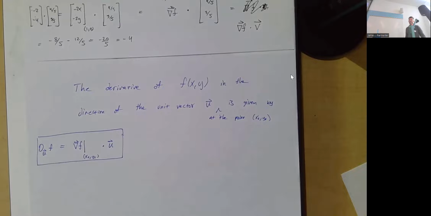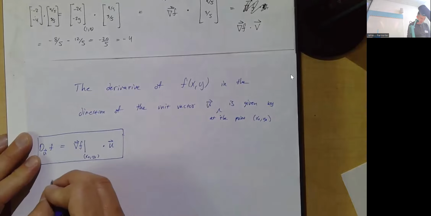Before this, we were just going along the unit vector (1, 0). Exactly. So if someone said find the partial derivative of the function with respect to x, you can really think of that as the directional derivative in the direction of the vector (1, 0). Check that out.